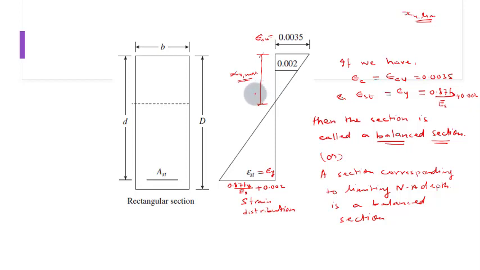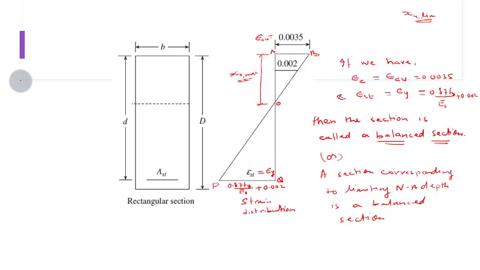Let us see an expression for the balanced neutral axis depth or the maximum neutral axis depth, XU max. Let me mark these two triangles. So we have O, A, B, and this bottom triangle is O, P. Now both these triangles are similar.